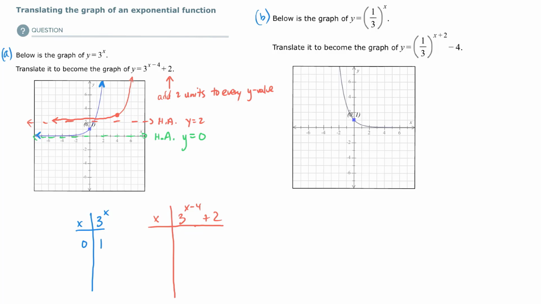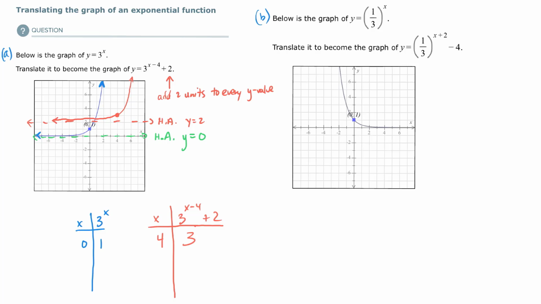We're doing 2 translations. And so first thing you're going to do, you're going to go right 4 units for the x value. And then for the previous y value, you got to add 2 units. So you end up getting 3. So that's why you're plotting an ordered pair at 4, 3.